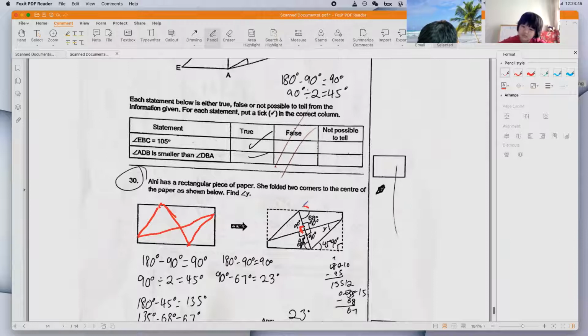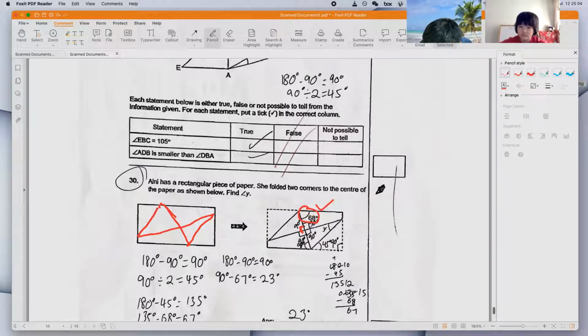They only give you 68 degree, right? The rest is not given, right? Only this one is given. The rest you need to find out, right? Yeah.